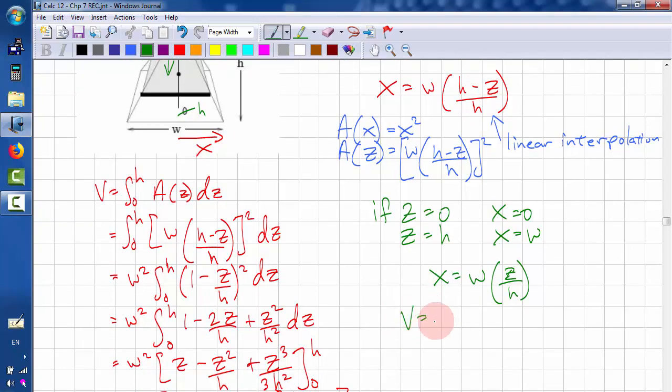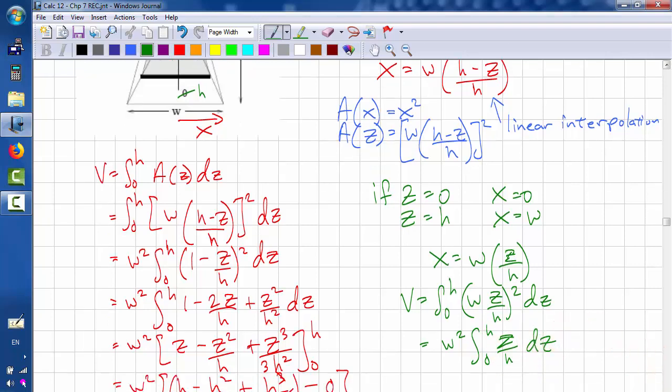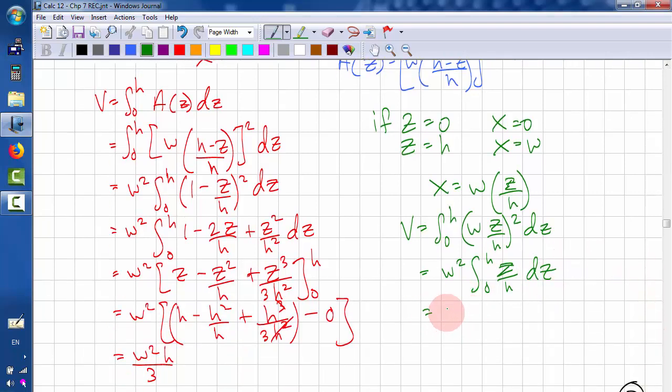Okay, so this is directly proportional, where this is inversely proportional because it's got a negative sign. So our volume is still 0 to h, but now we have w z over h squared dz. Again, we can factor out the w squared, 0 to h, z over h squared dz, and we get w squared, z cubed over 3h squared, and 0 to h.